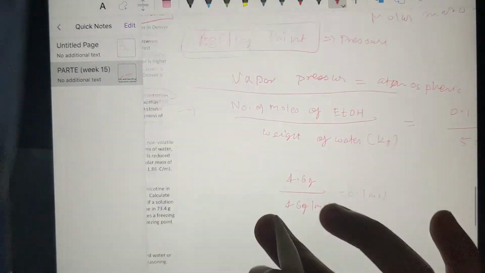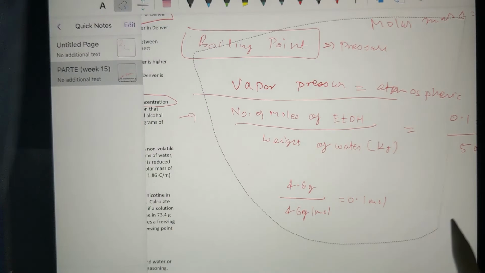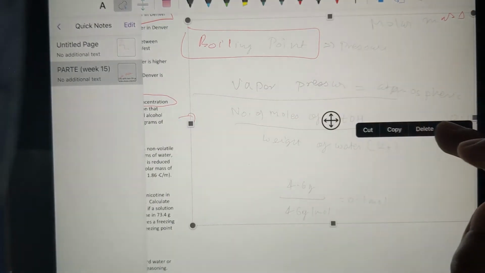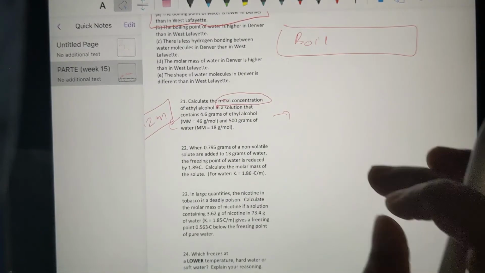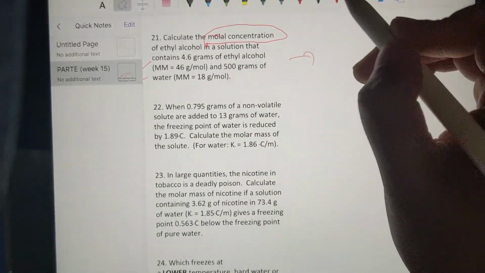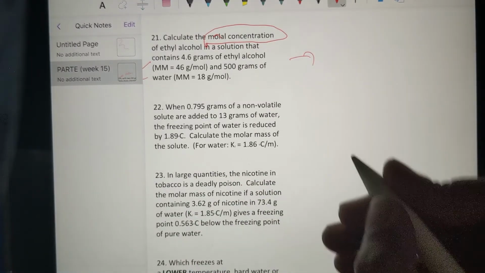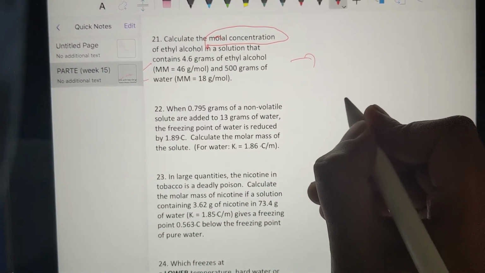Okay, so how to approach this problem? So we are gonna use the same equation as before.